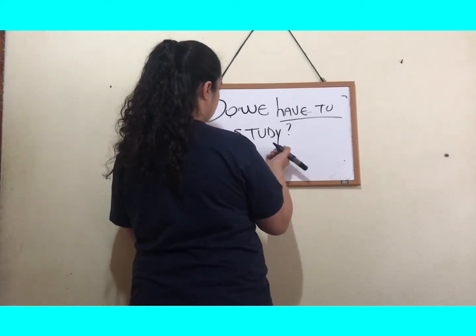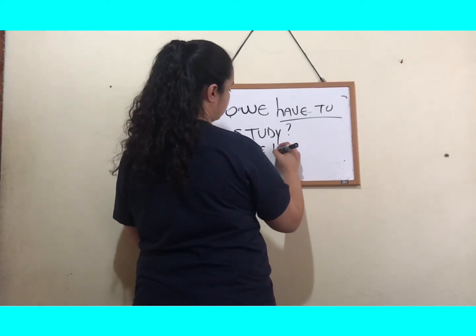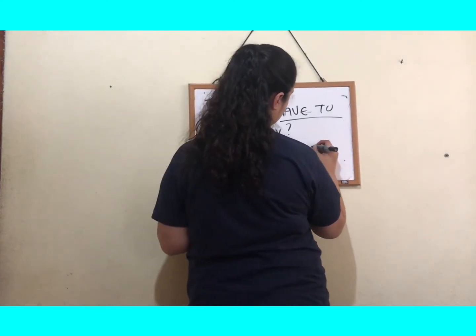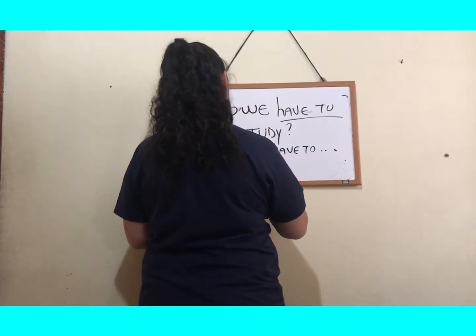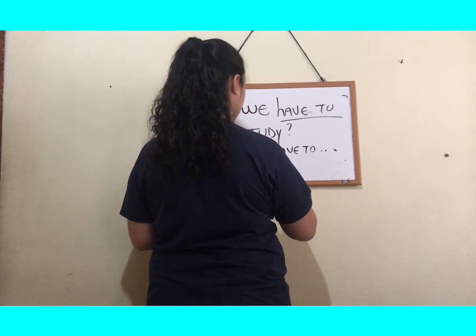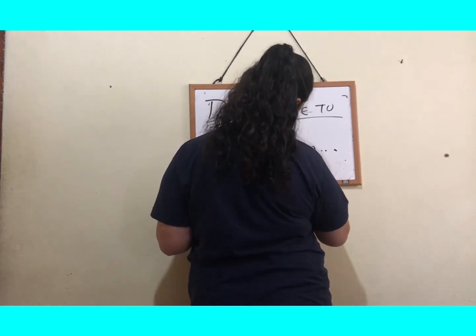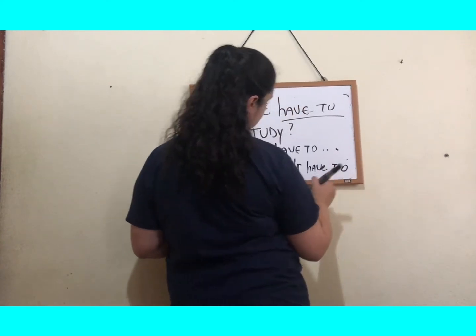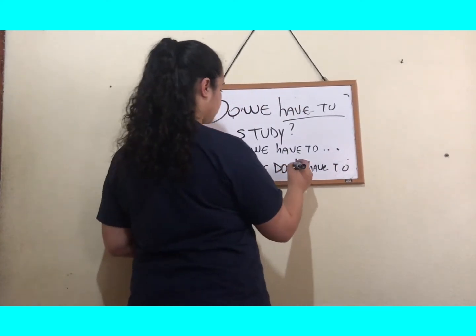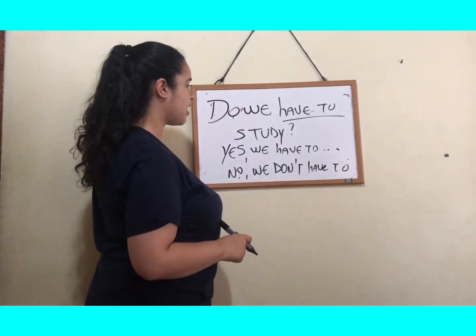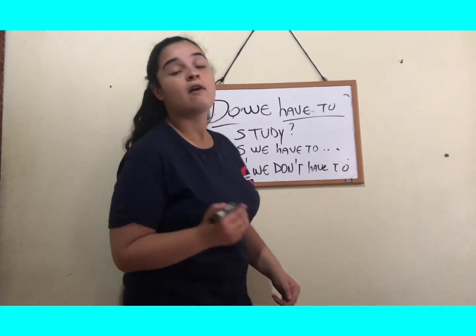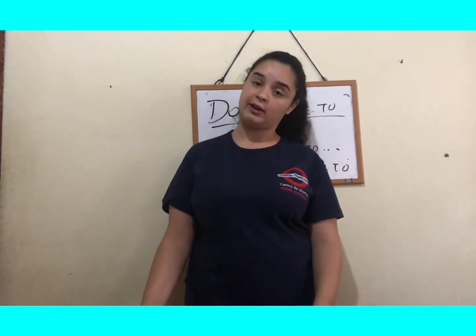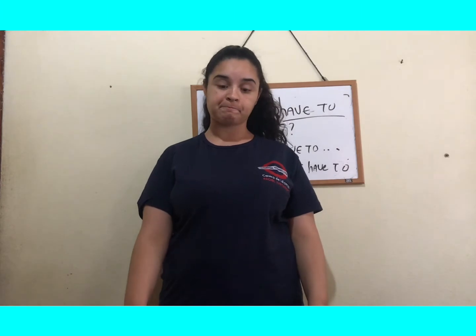Yes, we have to study. No, we don't. Não haven't, tá? We don't have to study. Eu escrevi don't, não tá certo. No, we don't have to study. Então, com have to, vai usar auxiliar, diferente do must, que o must é modal, ok?